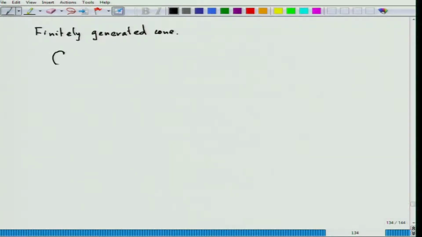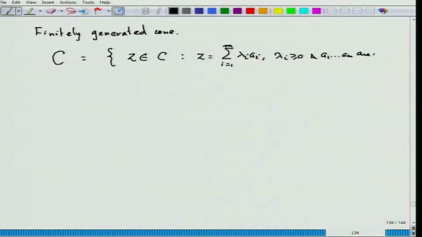A cone C is finitely generated if any element z in C can be written as z equal to summation lambda_i a_i, i from 1 to m, where lambda_i is greater than or equal to 0 and a1, a2, ..., am are given. These a1, a2, ..., am are called generators of the cone.